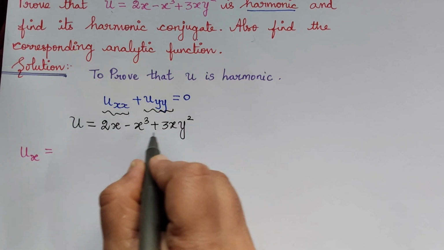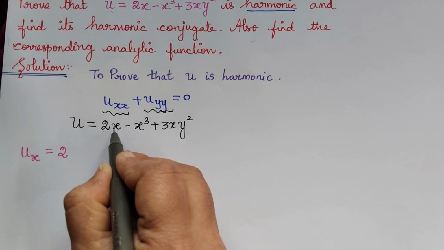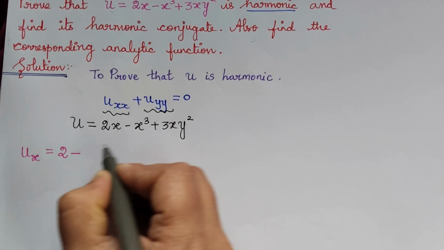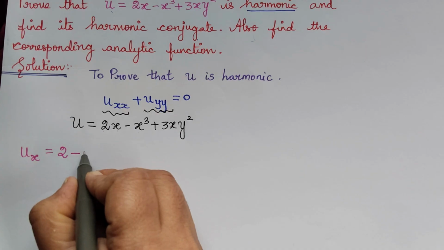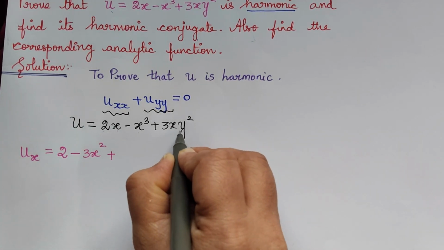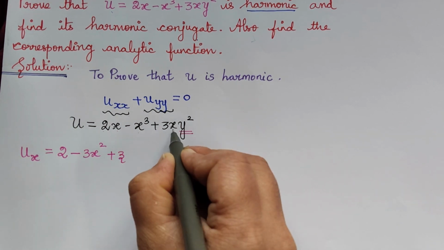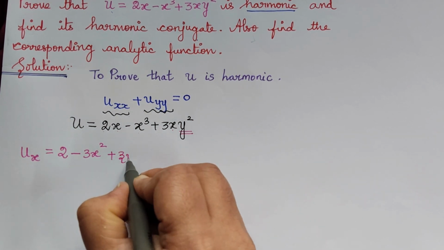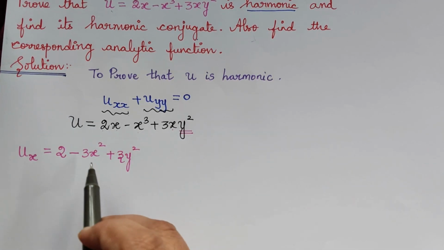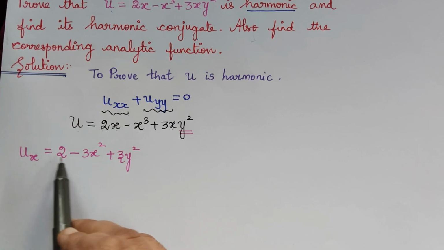When you partially differentiate this, differentiation of 2x will be 2 because the differentiation of x is 1, minus the differentiation of x cube, which is 3x square, plus 3 comes as it is, and the differentiation of x is 1, so y square comes as it is since it will be treated as constant. Therefore the partial differentiation of u with respect to x is this.